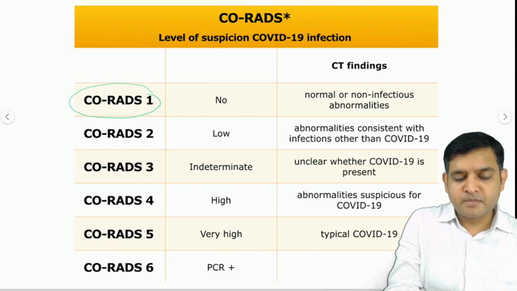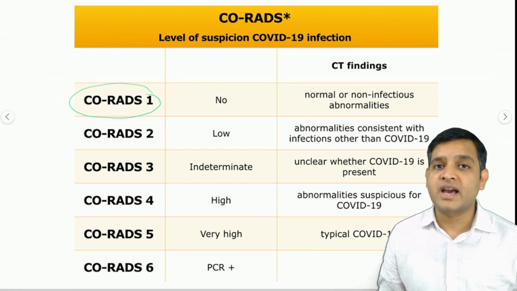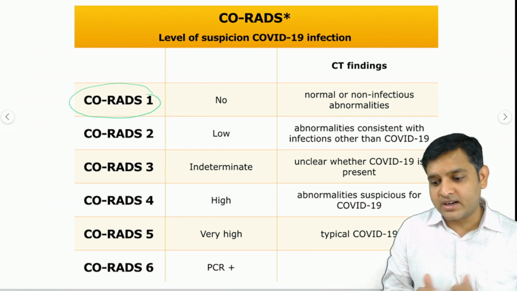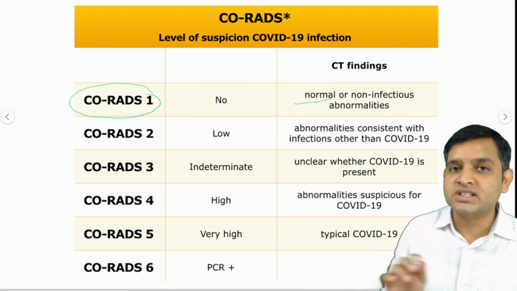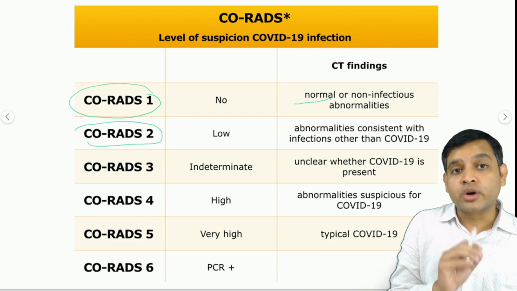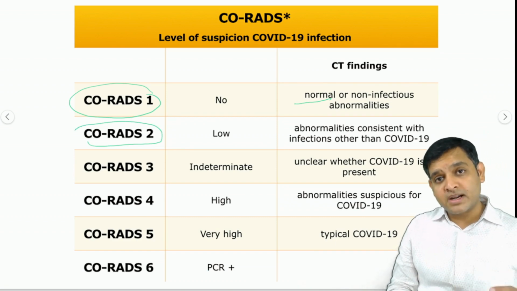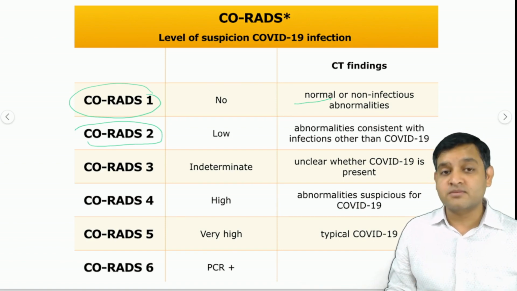CORAD 1 means there is no abnormality in the CT scan. That means the CT that you have done is either normal or it's a non-infectious abnormality. If you see CORAD 2 as a score, that means the possibility of having COVID-19 infection is very less. Why?